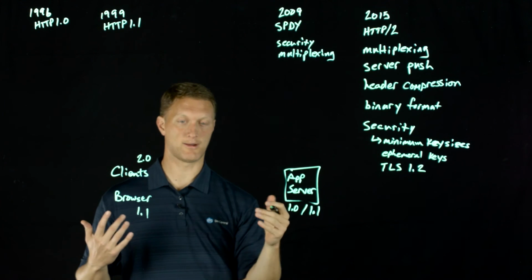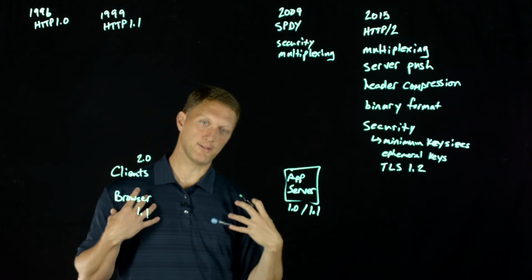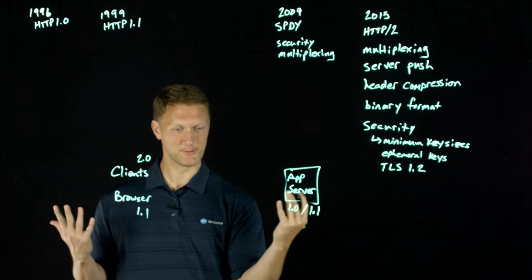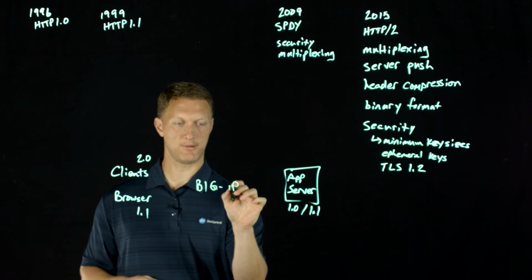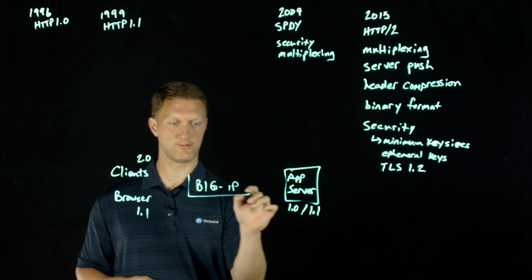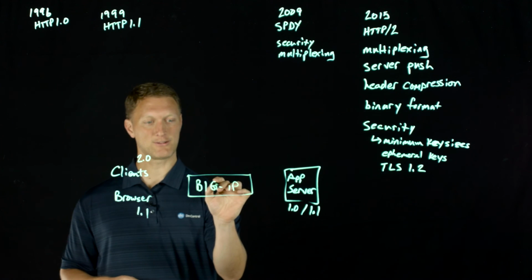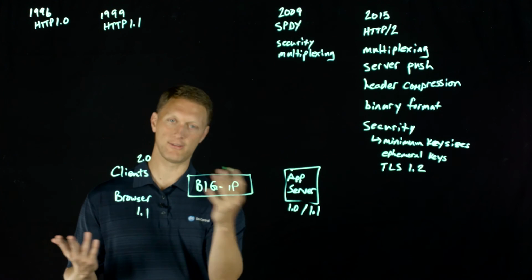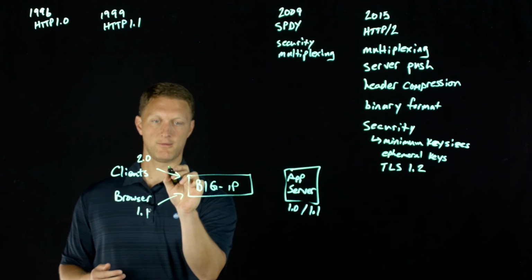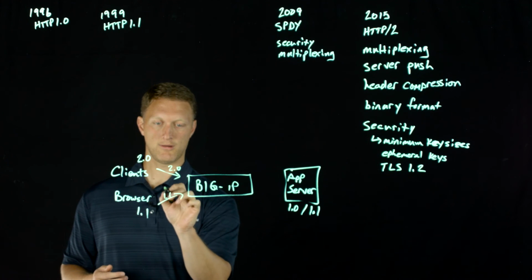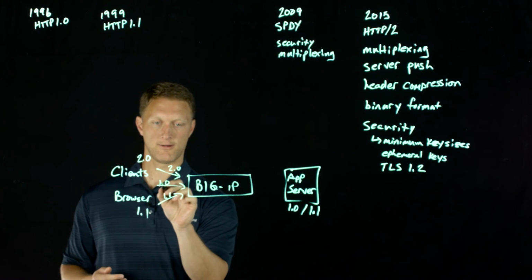It's kind of like what I talked about a second ago. The perfect answer, of course, is to put a BIG-IP inline. You front your servers with a BIG-IP, and this guy can speak all these different languages. So you can have requests coming in from 2.0, you can have a 1.1, maybe a 1.0 coming in here.